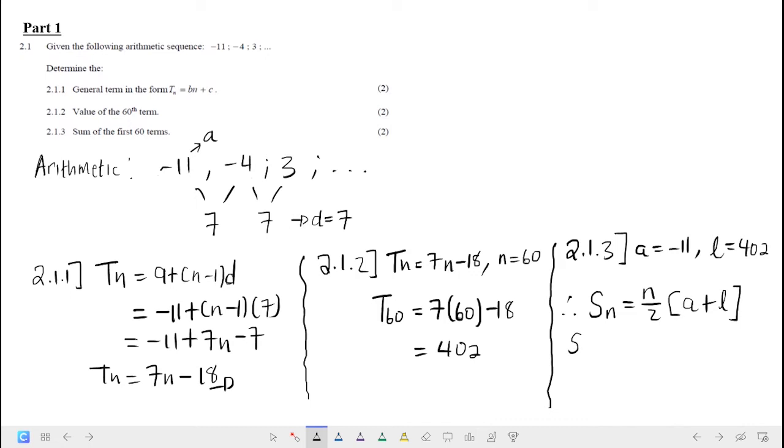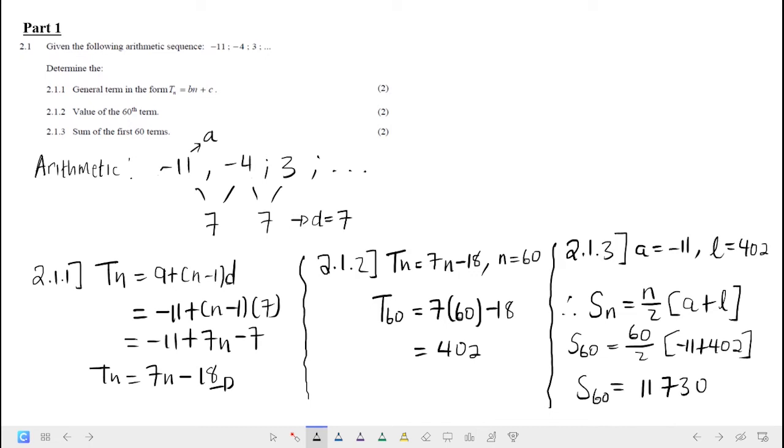So S60 is going to be 60 over 2 times (-11 plus 402), right? Then we press this on our calculator, and you're going to get 11,730, and that is going to be our answer for this question.